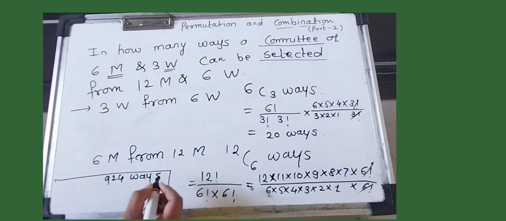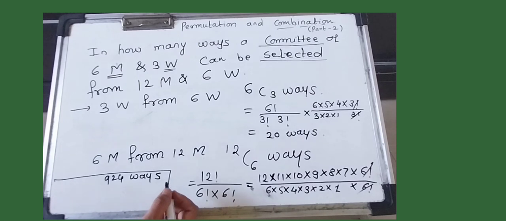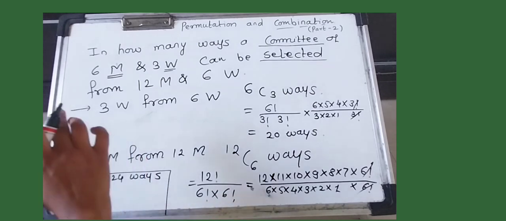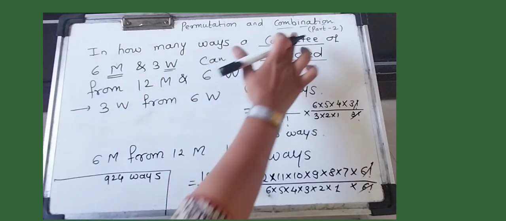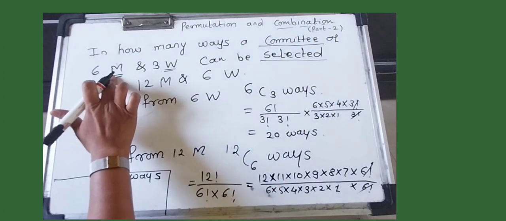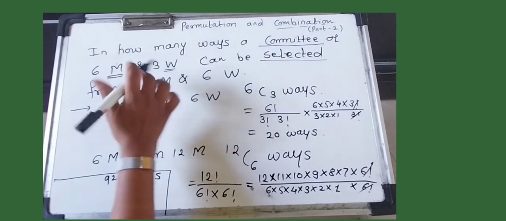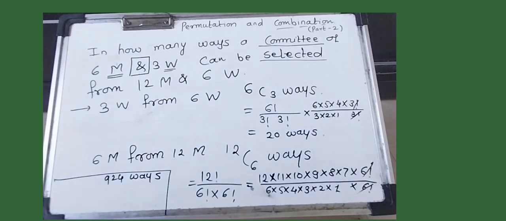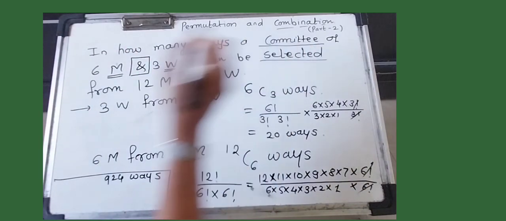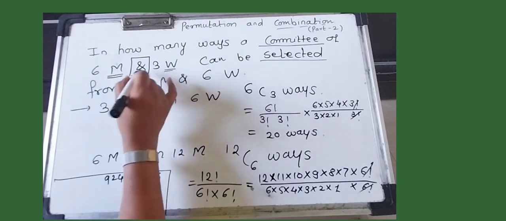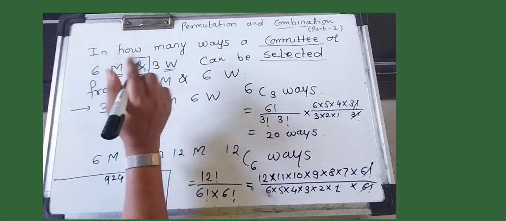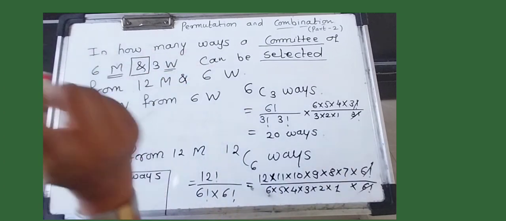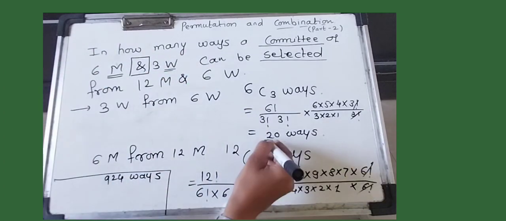Clear? And at last what they said, committee of 6 men and 3 women, and is given here. Okay. So what we use here? Multiplication. Okay. This is my first answer.